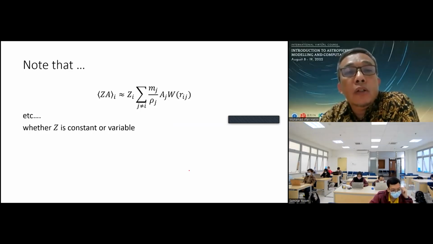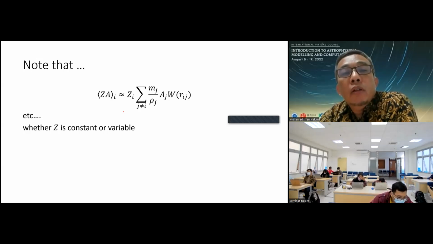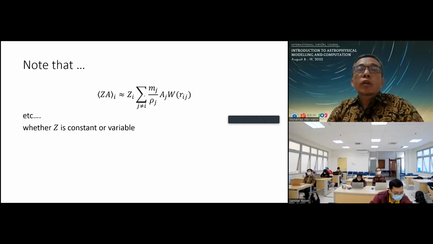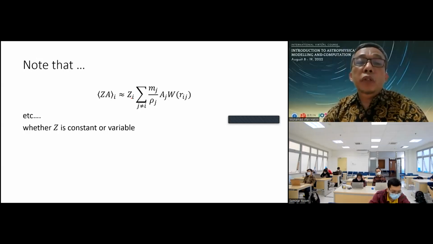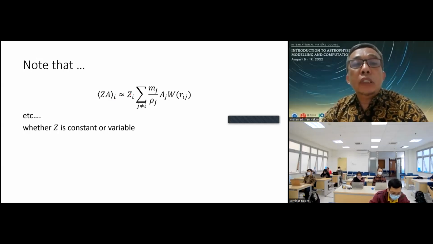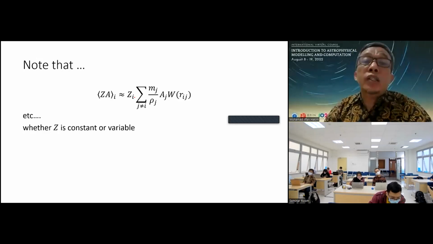If for example Z here a variable, you can express this approximation. We are doing approximation by specify the value of Z here in a particle of interest i here.